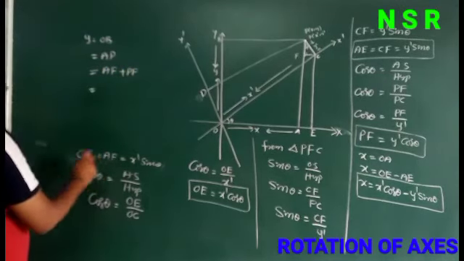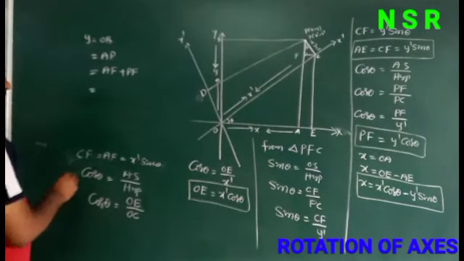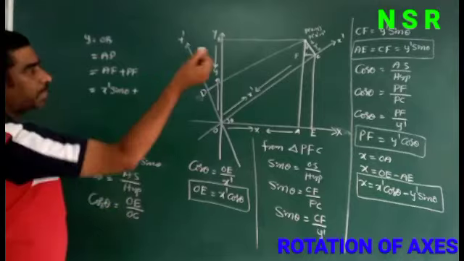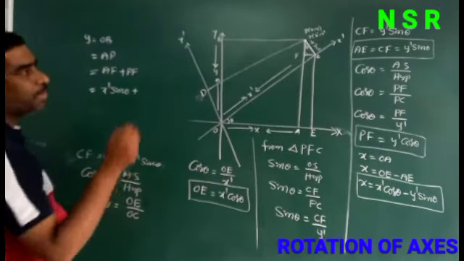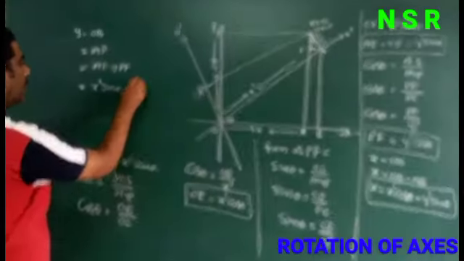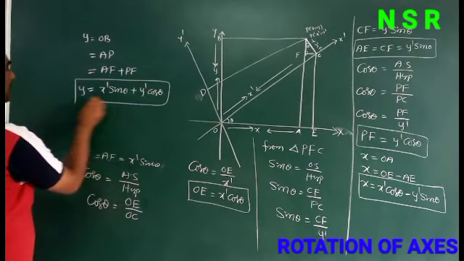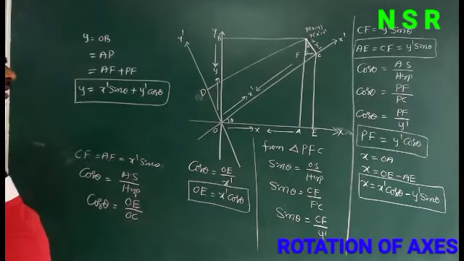AF value is x dash sin theta plus PF value. PF is equal to y dash cos theta. Now y formula is x dash sin theta plus y dash cos theta.